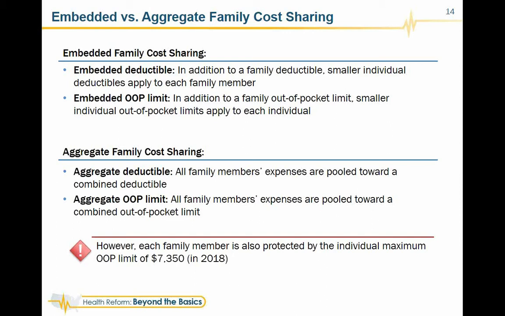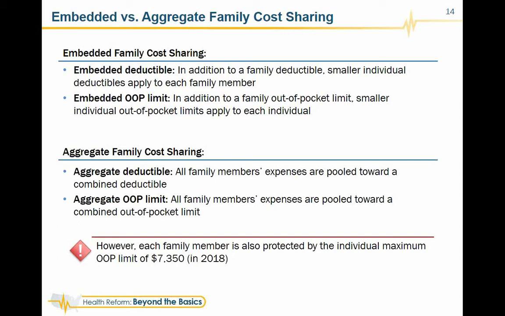And then with aggregate family cost sharing, you could have an aggregate deductible where all the family members' expenses are pooled toward one combined deductible, and an aggregate out-of-pocket limit where all the family's expenses are pooled toward one combined out-of-pocket limit instead of those embedded individual limits and deductibles.